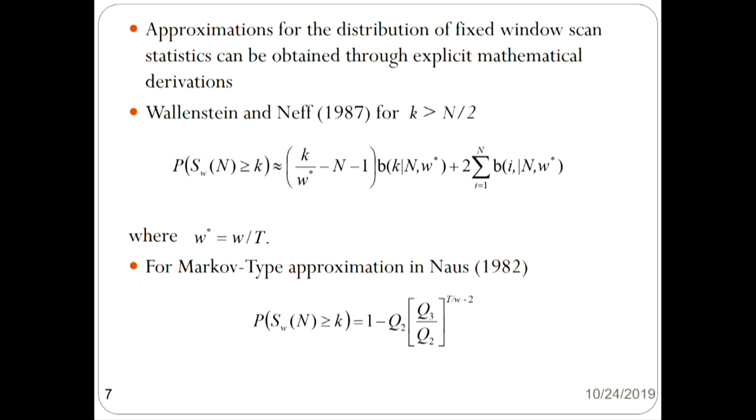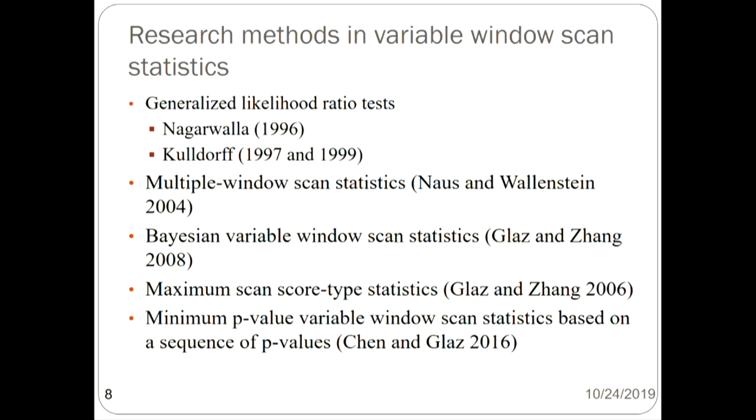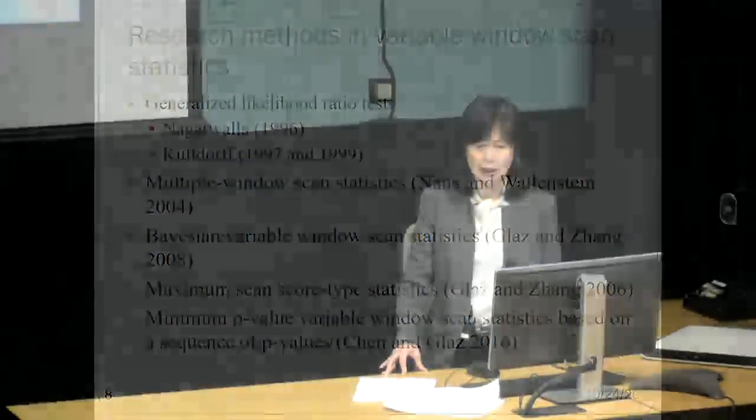However, if the clustering size is unknown, using a fixed window scan statistic may lose some of the power. So in the past few decades, many researchers have been studying variable window scan statistics. For this seminar, we will concentrate on three types.